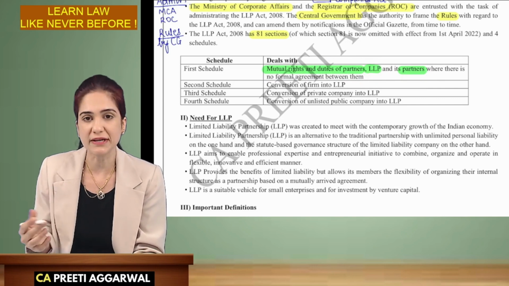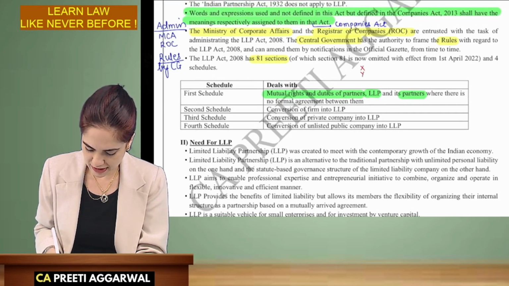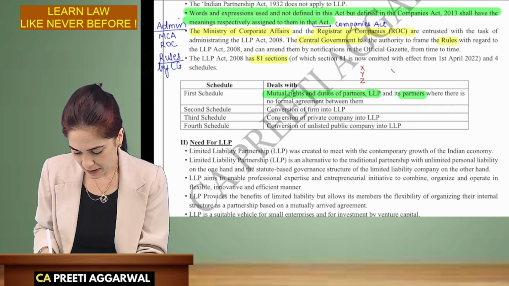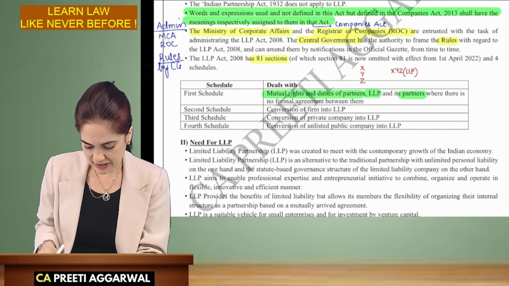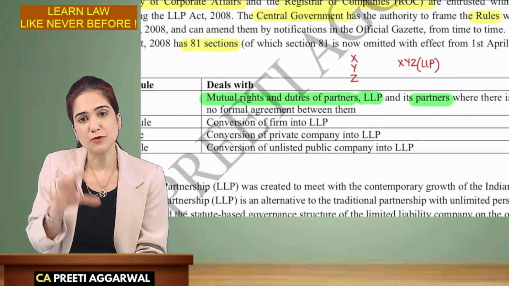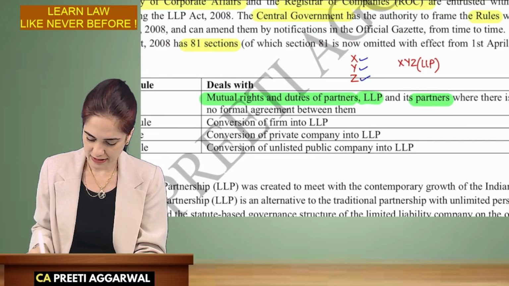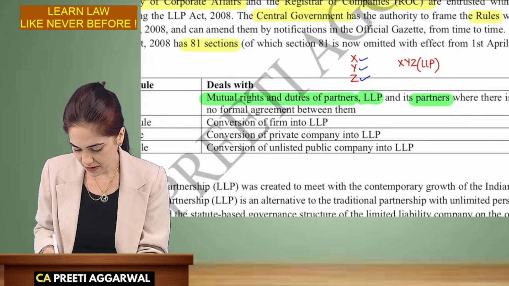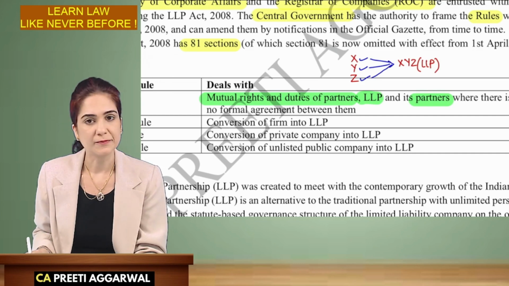Now, how should we read this? Mutual rights and duties of partners. Now, X, Y and Z are the partners of XYZ LLP. So the first schedule governs the mutual rights. Mutual means between X, Y and Z. It also governs the rights and duties of X, Y, Z with the LLP.